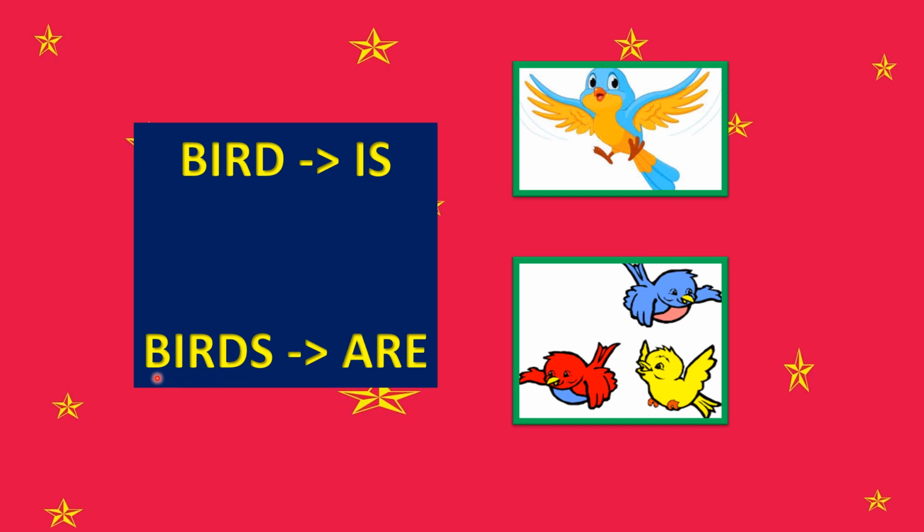If the person, animal or a thing is more than one with S, then we will use A-R-E, are. Okay children? Okay. So children, this much for today.